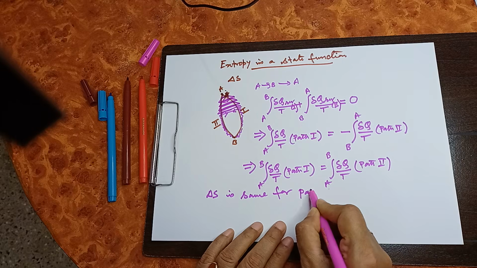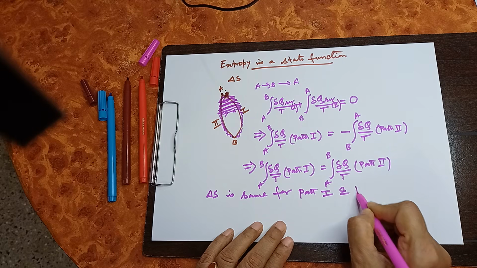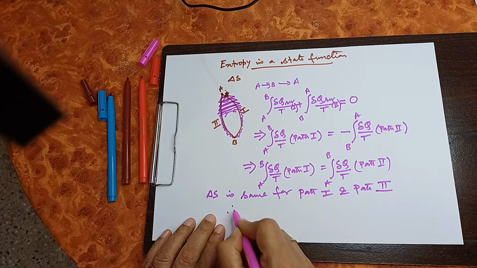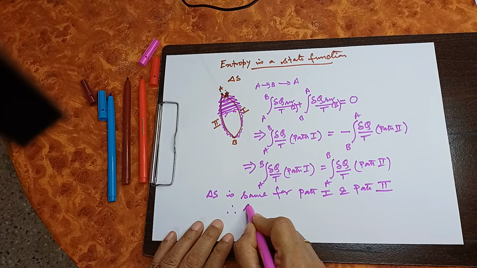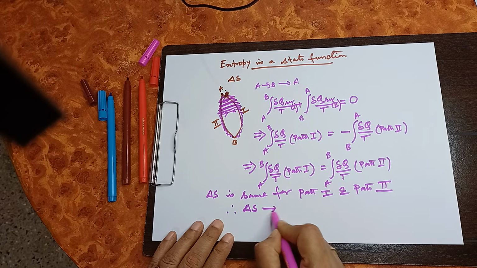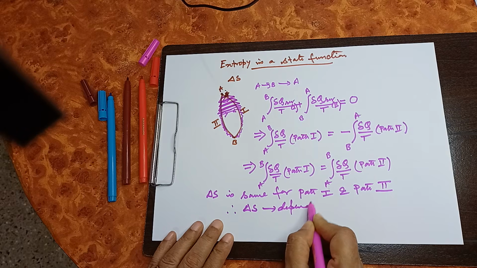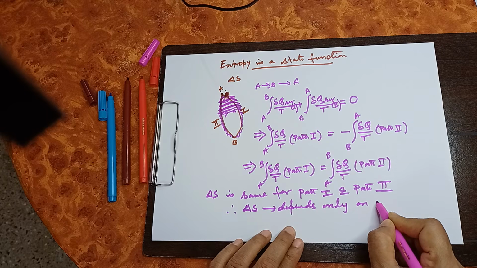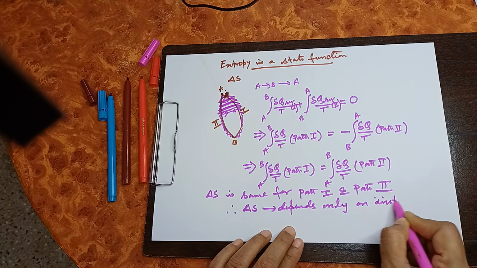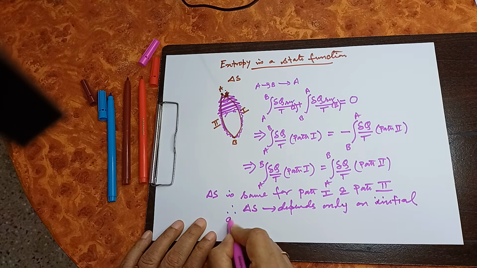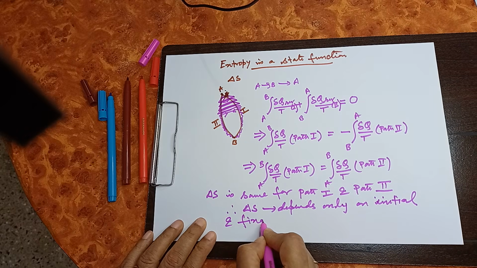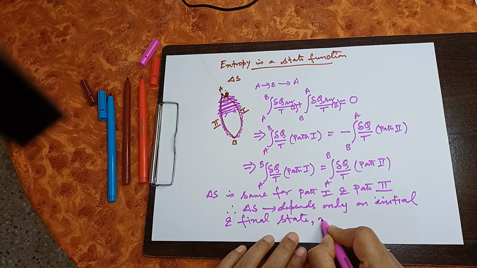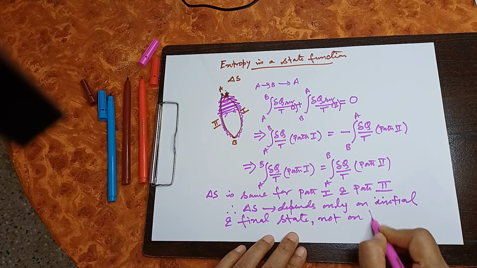path 1 and path 2. Therefore, entropy change delta S depends only on the initial and final state, not on the path.